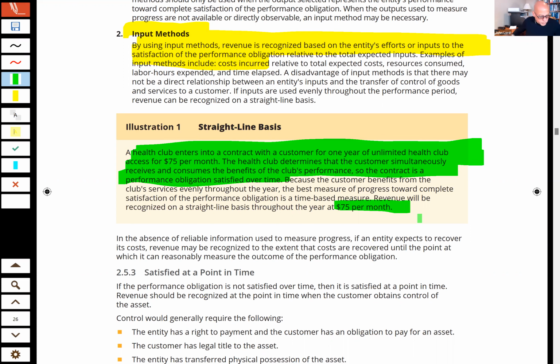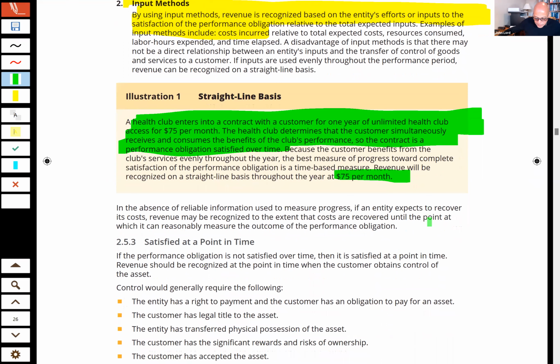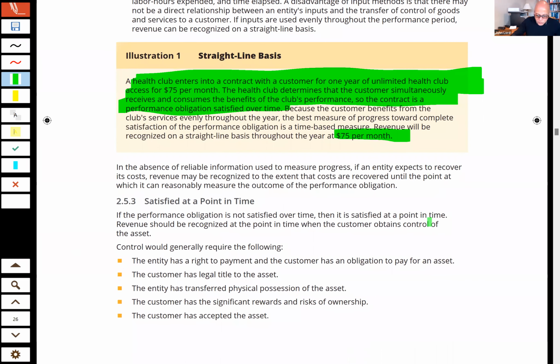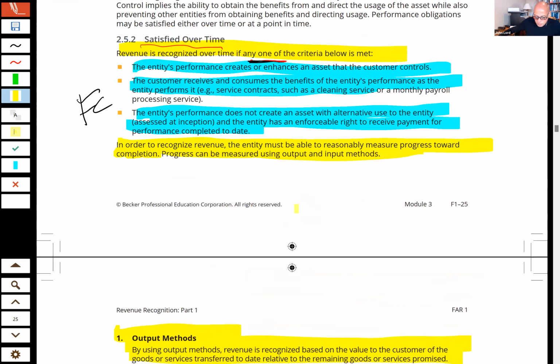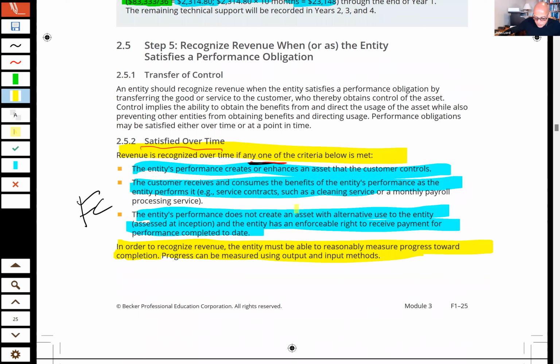And I think what's more interesting is satisfied at a point in time, or maybe not more interesting, because satisfied over time, we saw what some of the example criteria were here. And I think the example we just looked at was an example of that second bullet.